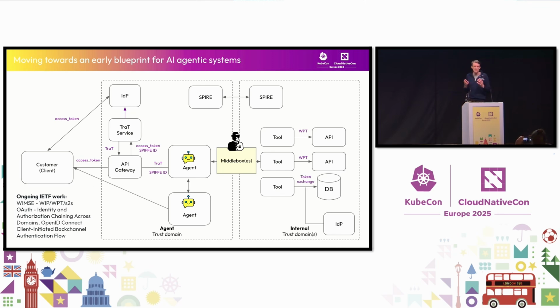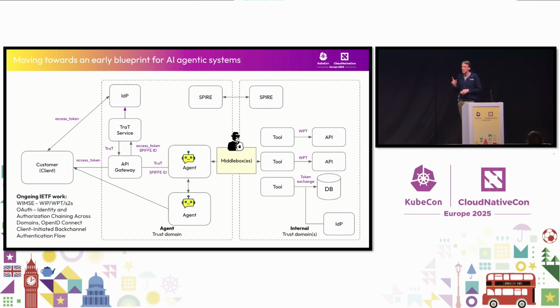My example today was relatively simple: everything was within a single trust domain. The reality is that you would be spanning workloads across different trust boundaries, and so you would need to propagate these tokens not just within that domain, but potentially across domains. A variety of work is going on in WIMSE, and also in the OAuth groups.